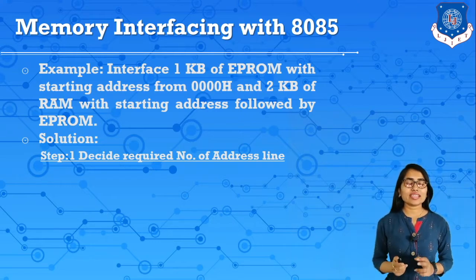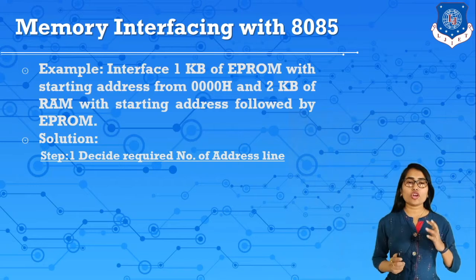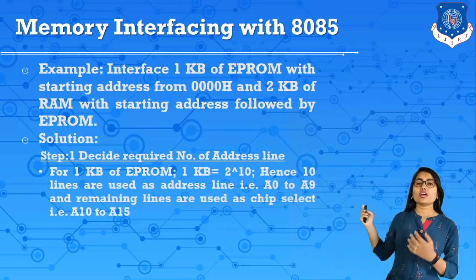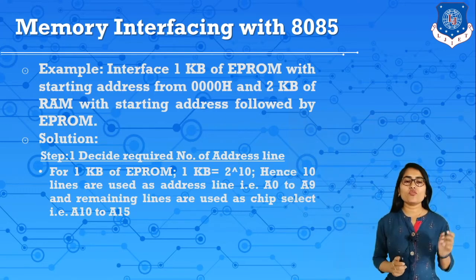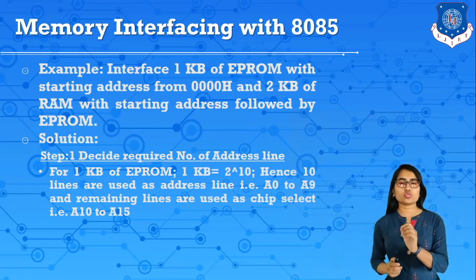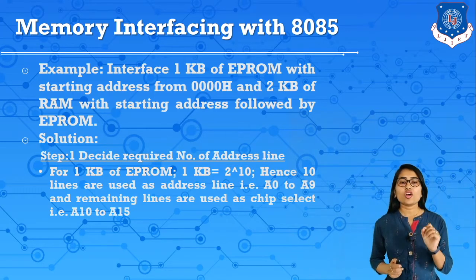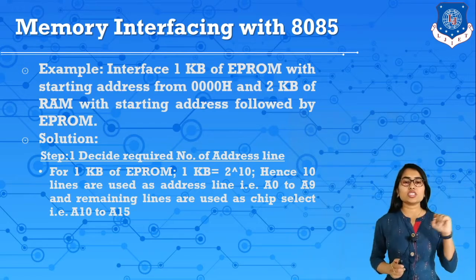For connecting the address lines, we have to decide the required number of address lines. How can we decide that? For a 1 KB EEPROM, 1 KB is equal to 2 raised to 10, because K stands for kilobyte, that is 2 raised to 10, and 1 means 2 raised to 0.